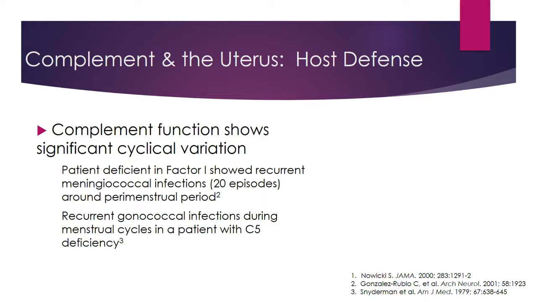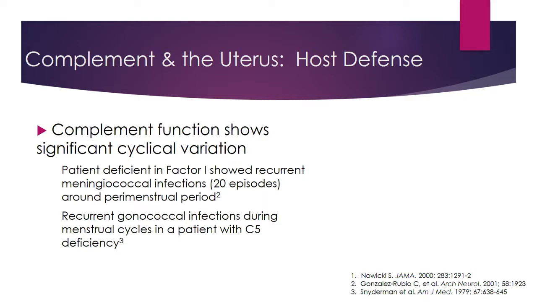And what's really interesting is that in the case reports, especially the two featured here, one patient who had factor I deficiency had recurrent meningococcal infections, over 20 episodes, that were all timed around the perimenstrual period.